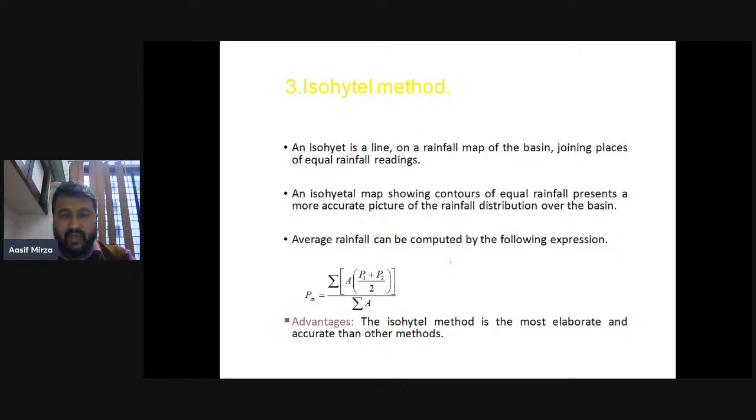Average rainfall can be computed by the following expression: P average, that is rainfall average, is equal to sum of area into (P1 plus P2) divided by 2, divided by sum of area. The advantage of the isohyetal method is that it is the most elaborate and accurate of the three methods.